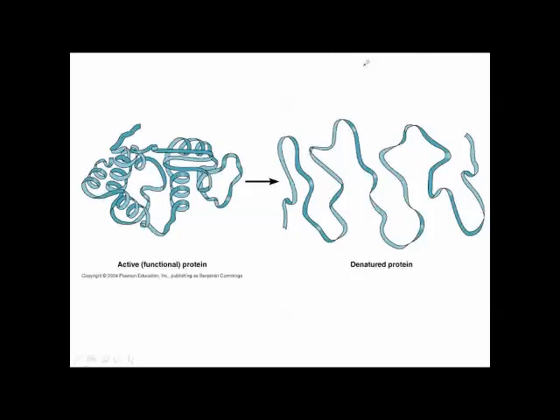Okay, so here is our active functional protein. We can call this an enzyme as well. Remember, proteins make up pretty much everything within the cell. They make up the organelles, all those little moving parts, the tubules, the microtubules.